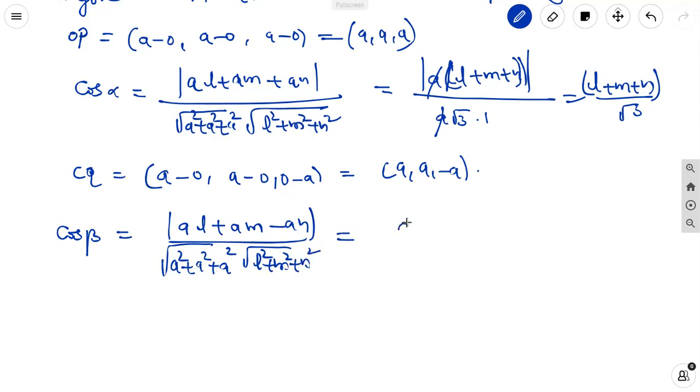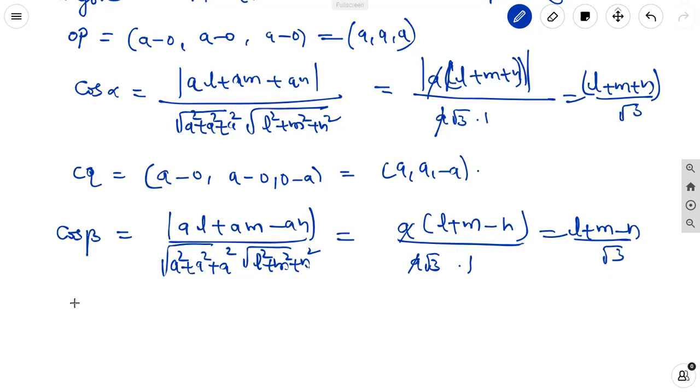A is taken common: L plus M minus N by A root 3 into 1, A cancels, L plus M minus N by root 3.